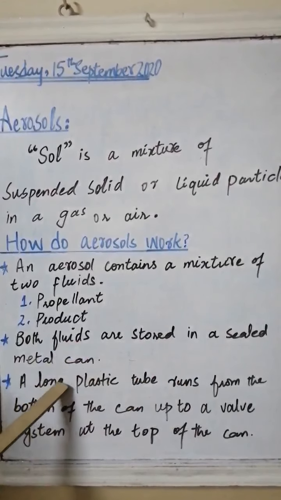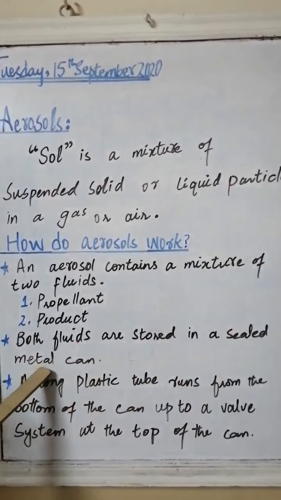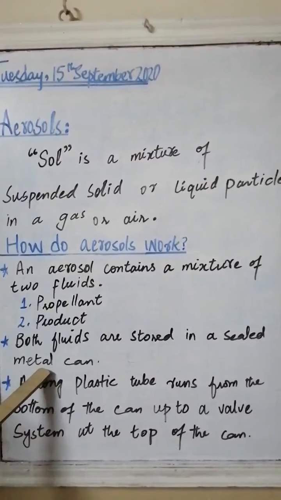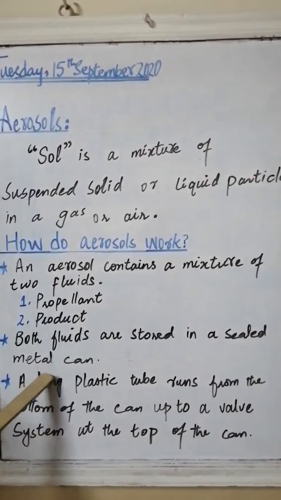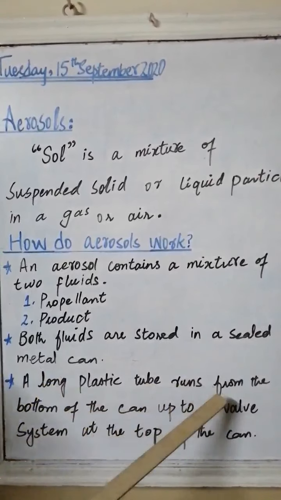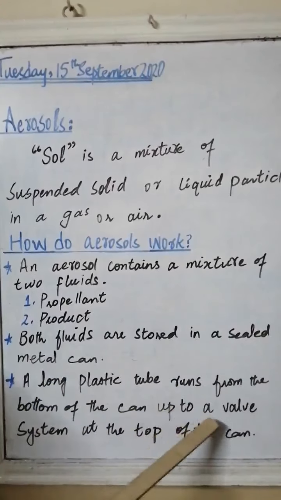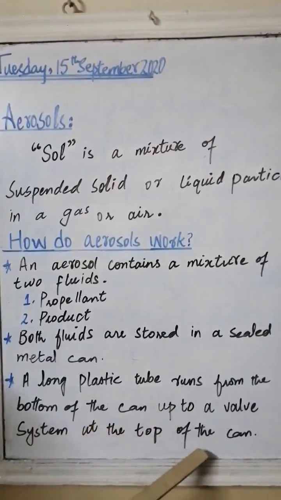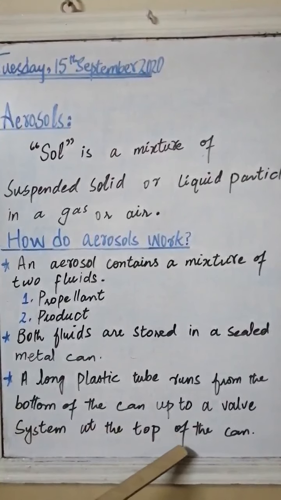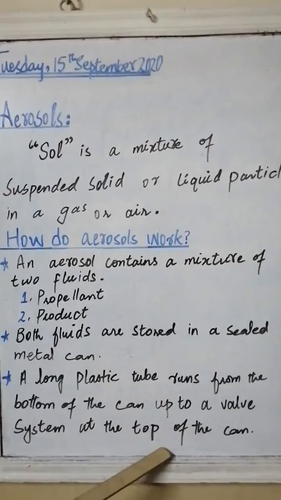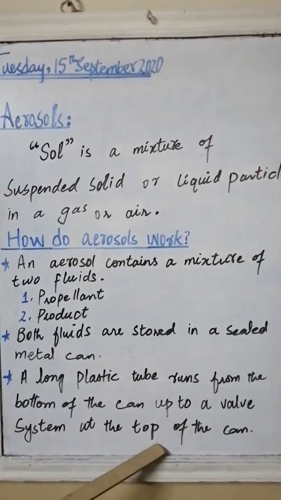At room temperature, part of the propellant fluid vaporizes and increases pressure over the product. A long plastic tube runs from the bottom of the can up to the valve system at the top of the can. When the valve is opened by pressing the button, a passage from inside of the can to the outside opens.